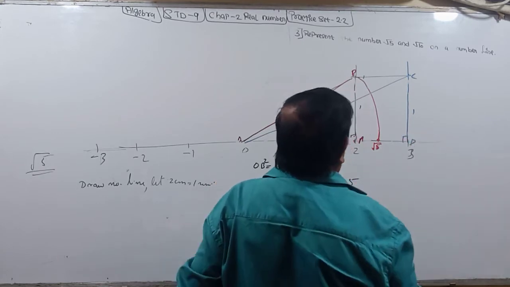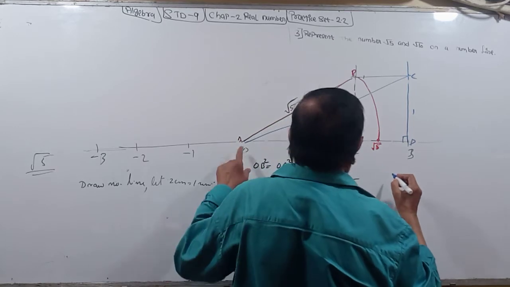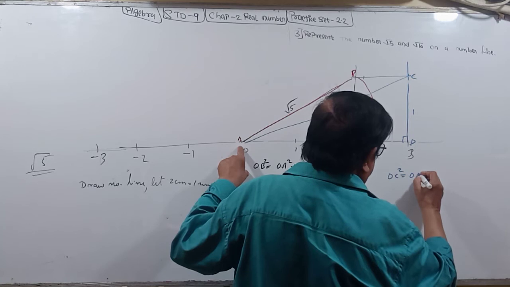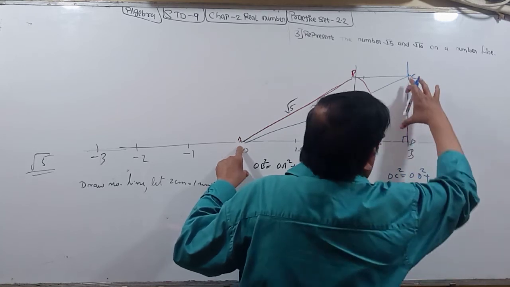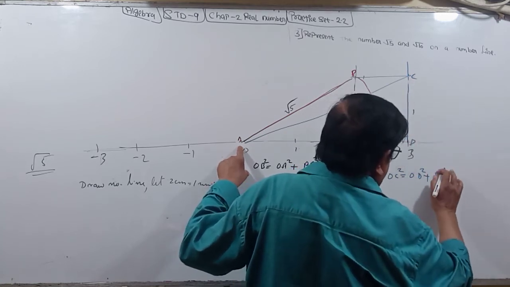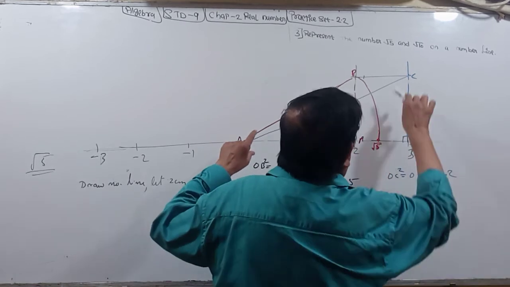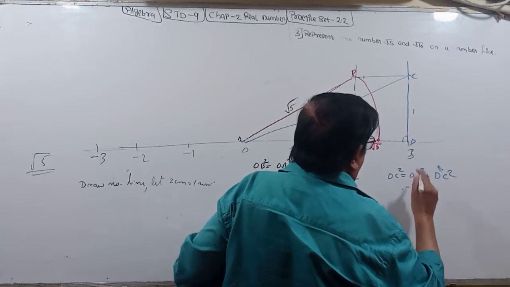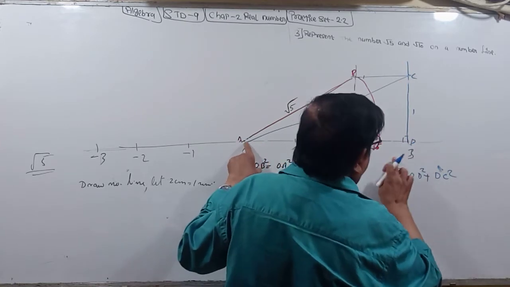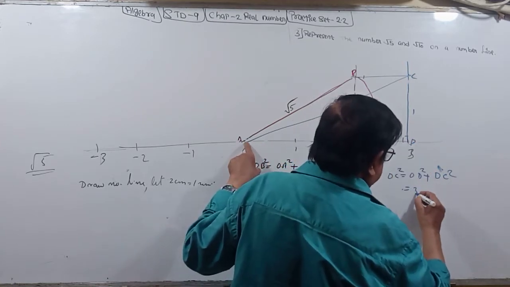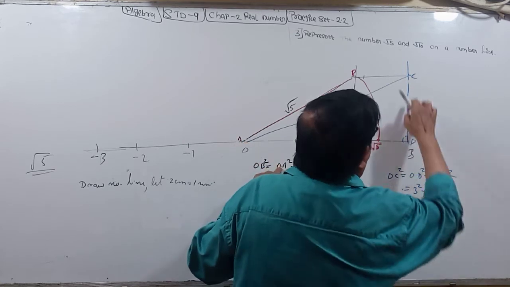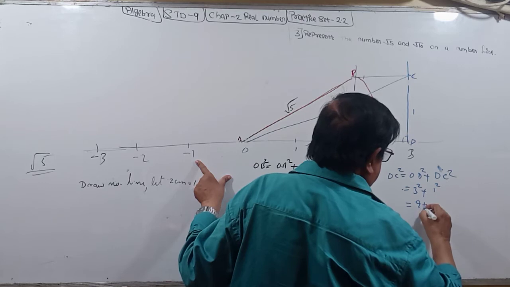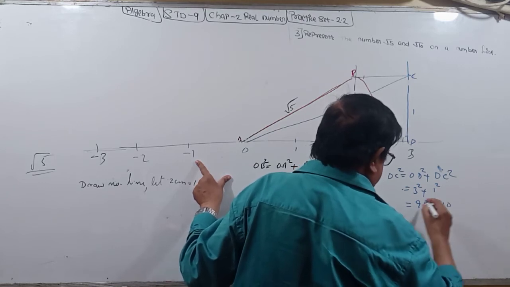This is 90 degrees. OC square equals OD square plus DC square, by the Pythagoras theorem. OD square is how much? OD square is 3 square plus DC square is 1 square. 3 square is 9, 1 square is 1, 9 plus 1 equals 10.